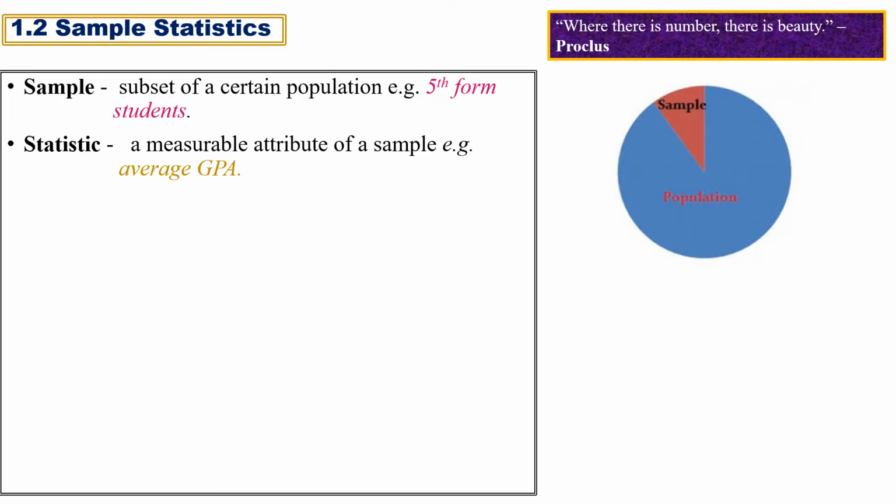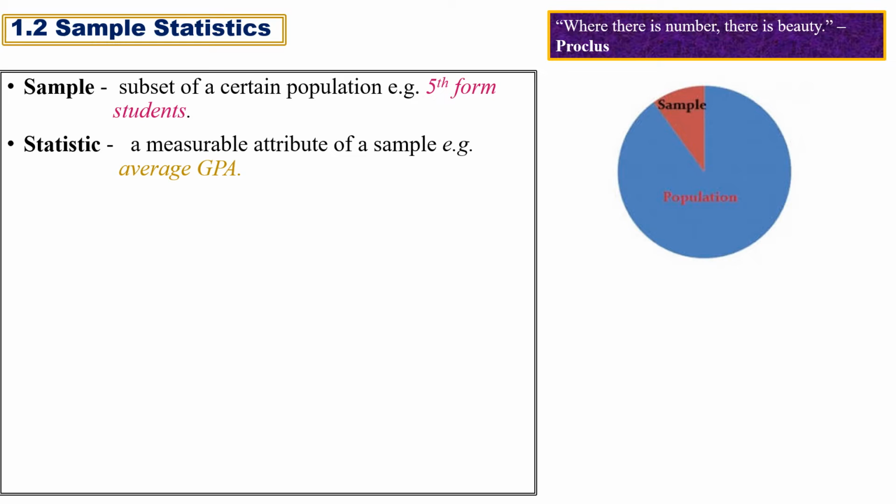Example, average GPA. Now, as we look at the diagram on the right here, this pie chart, the blue part represents the entire population, meaning all the students in this school. Well, let's use Scarborough Secondary School. This little pie here is a sample which would refer to, in this context, the fifth form students. All right.